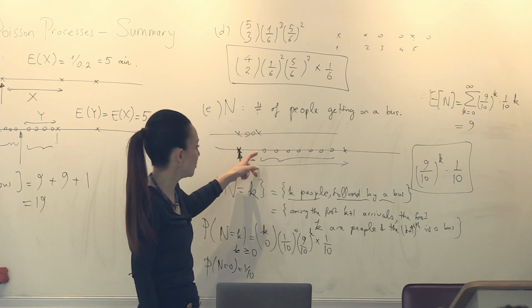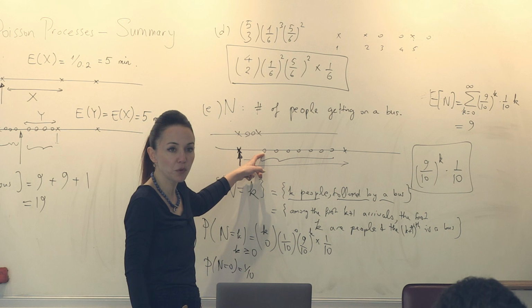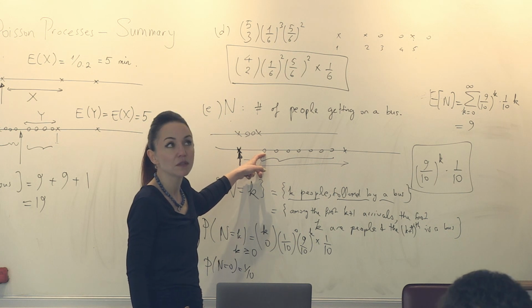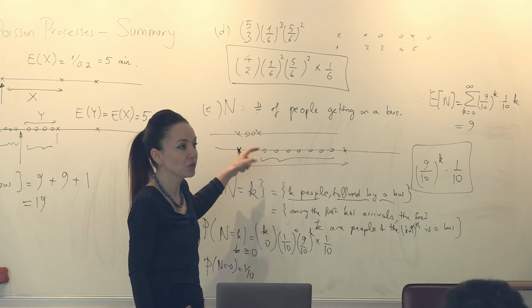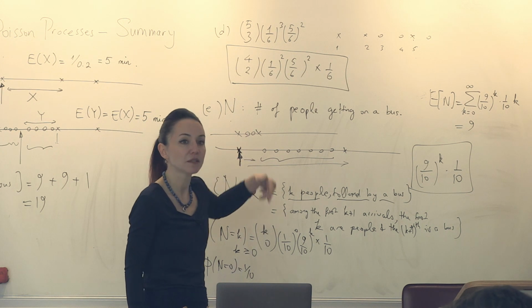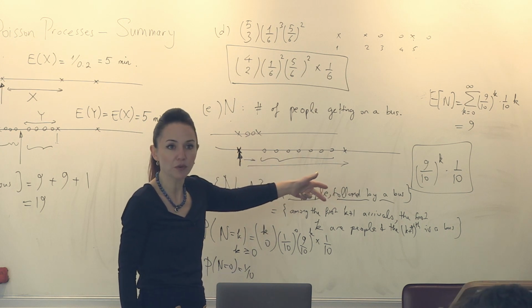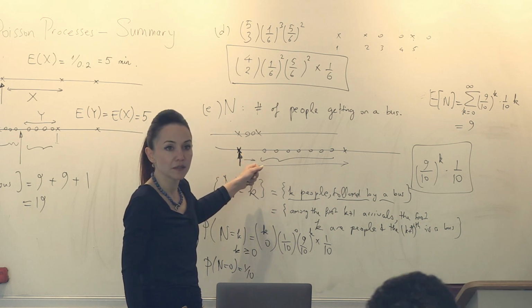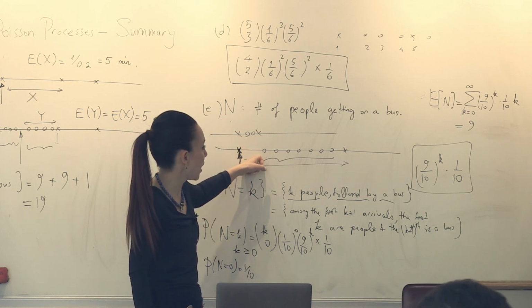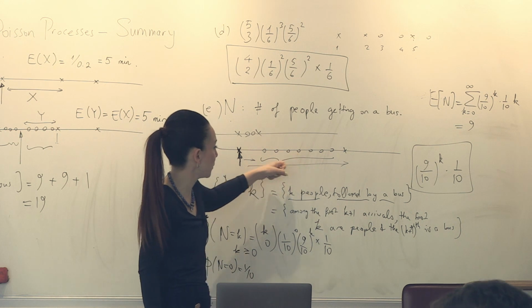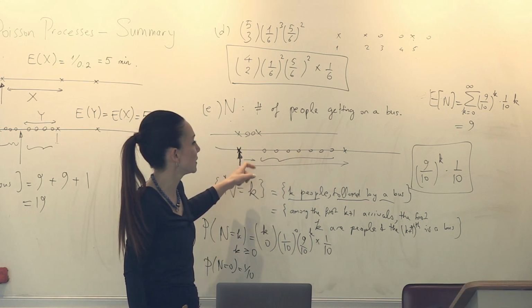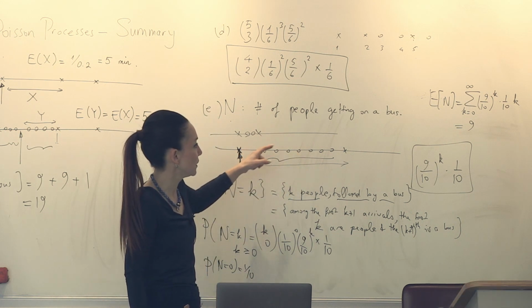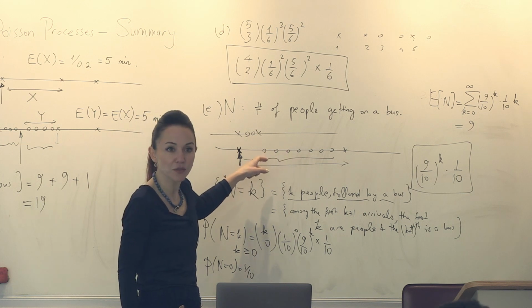If I start counting with the first arrival of a person, then I would be counting 1 plus all the rest of the people, right? Yes, I can do that. That would be 1 plus the rest of the people getting on the bus, and that would give me something bigger than 9. That's your question?